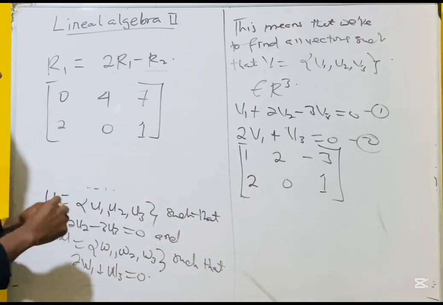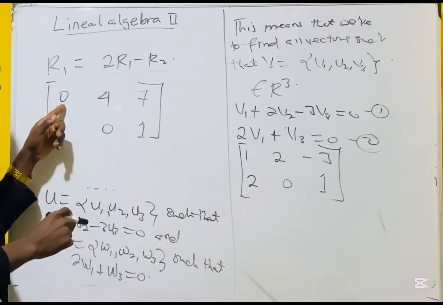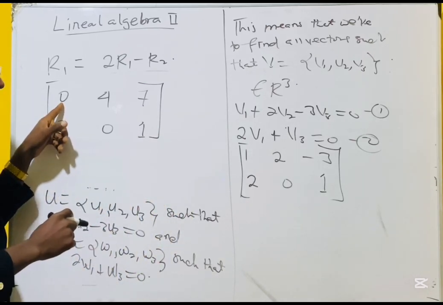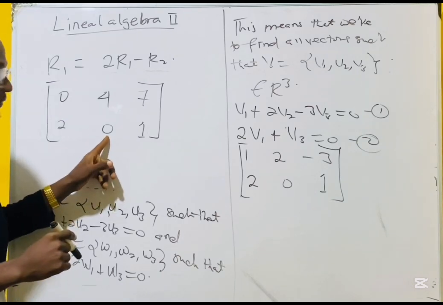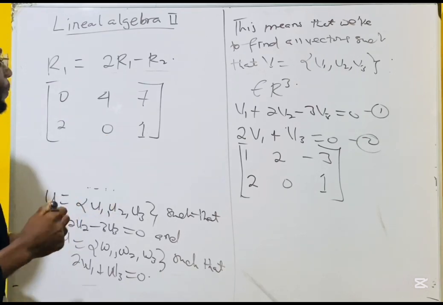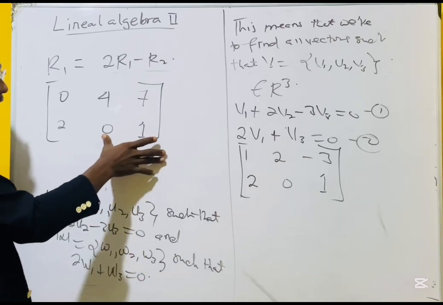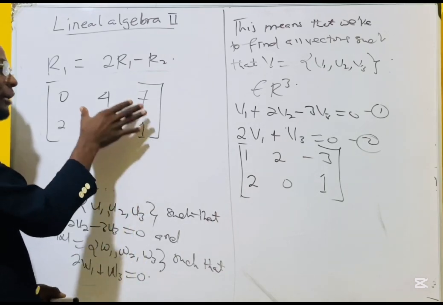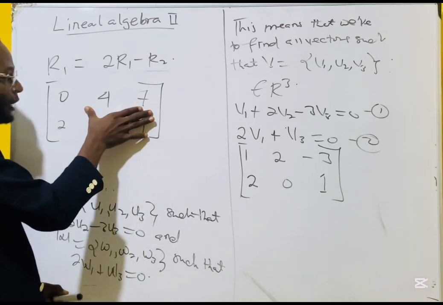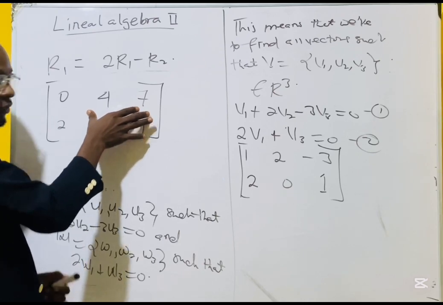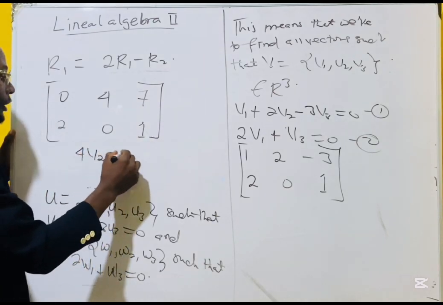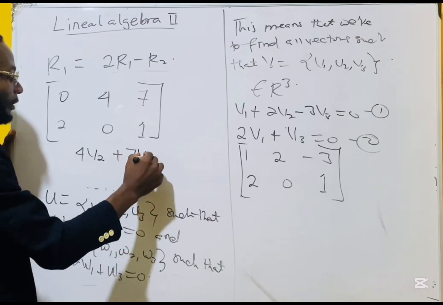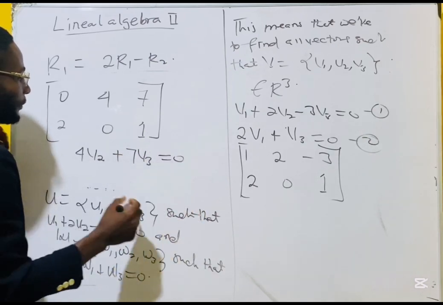Okay, so now that we have eliminated the V1, which is the first element, and the second element on the second row, then we can go ahead and put this in equation form, right? So we're going to have 4v2 plus 7v3 equals 0.